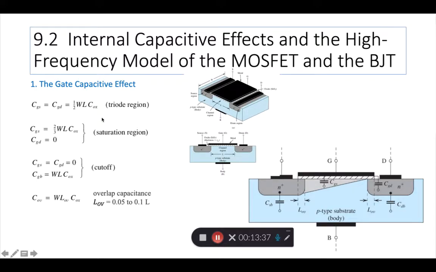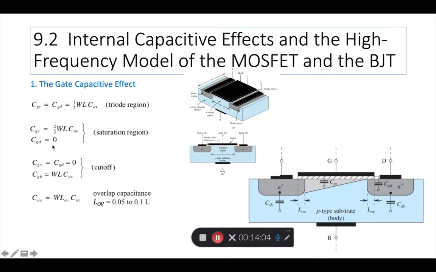Now in the triode region, they are equal. In the saturation region, gate to source has this formula, gate to drain is 0. Cutoff, they are both 0, the gate to source and gate to drain. And the third one, CGB, gate to body, has this formula.